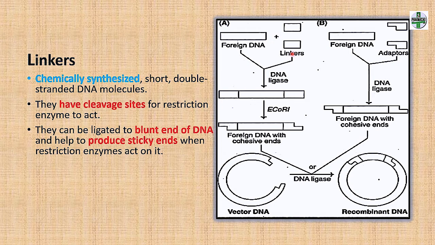Since they are chemically synthesized, we are aware of the base sequence, that is, what nitrogenous bases are present here. Usually they are chosen in such a way that the restriction endonuclease can easily act on them, they can be separated, and we have this sticky end added to the foreign DNA. Now this foreign DNA is ready to get inserted into the vector DNA.